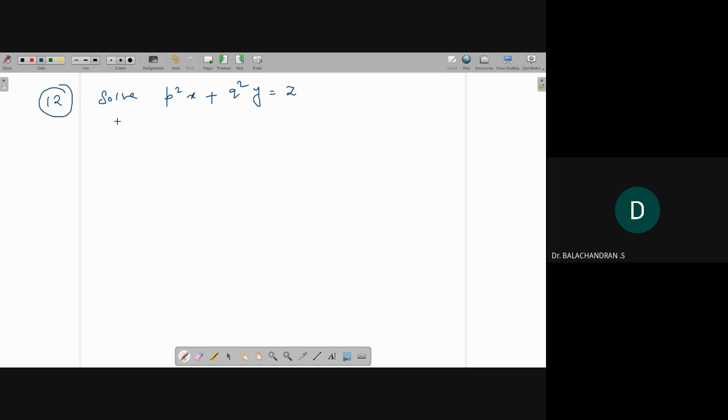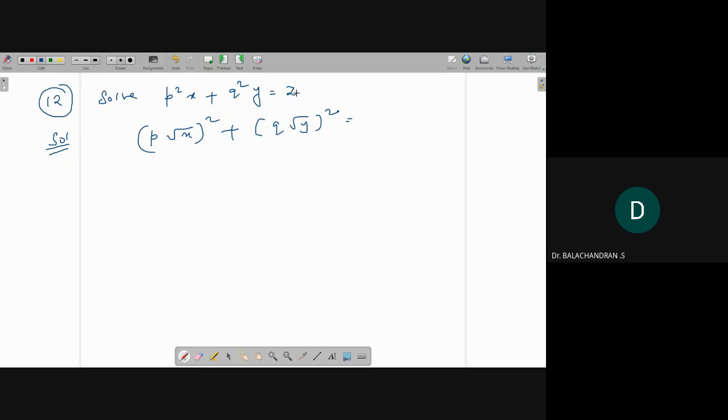Now here I told that the power of p is always 1. So p into root x whole square plus q into root y whole square is equal to z.